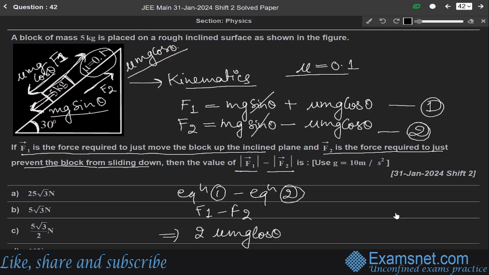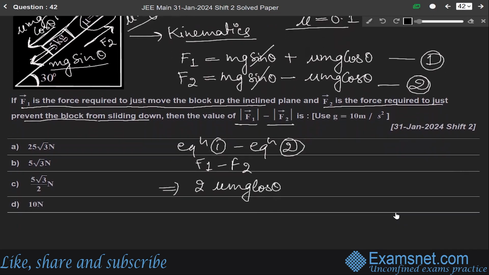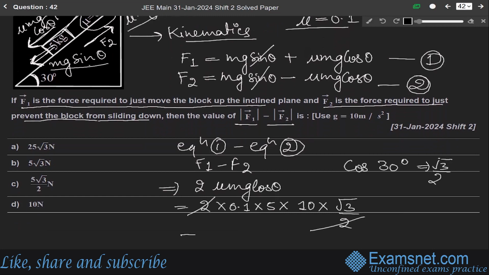Now putting the values: mu is 0.1, mass is 5 kg, g is gravity 10, and cos theta means cos 30 degrees. So cos 30 will be root 3 by 2. Now 2 cancels out. So the correct answer is 5 root 3 Newton.